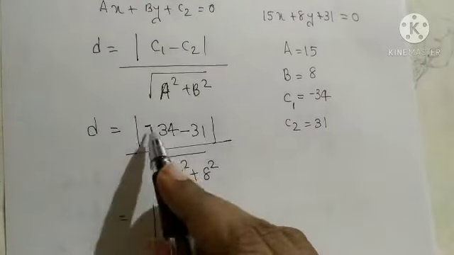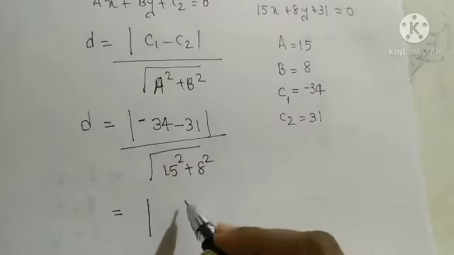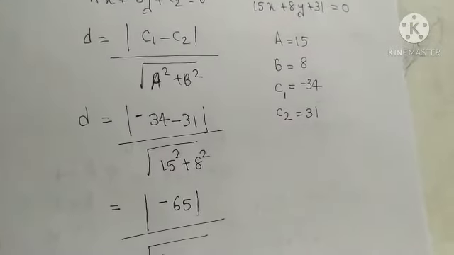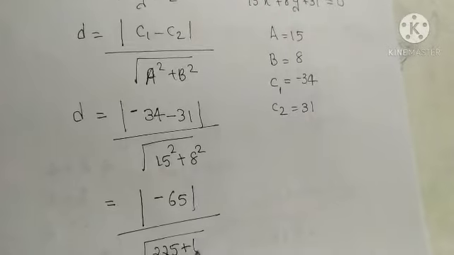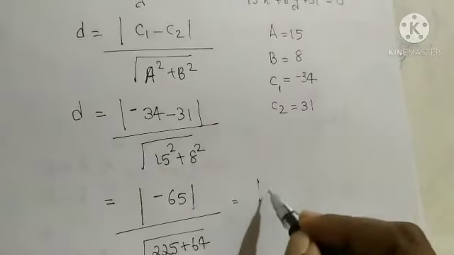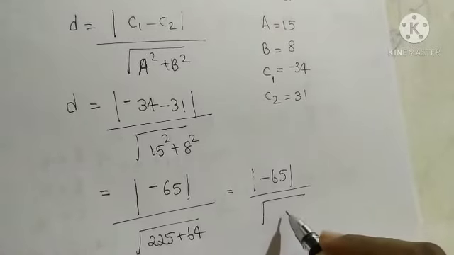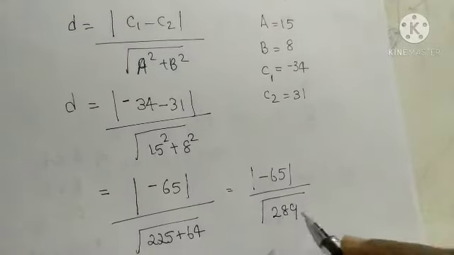mod minus 34 minus 31 will become minus 65 divided by root of 225 plus 64, and that is equal to mod minus 65 divided by root of 289.